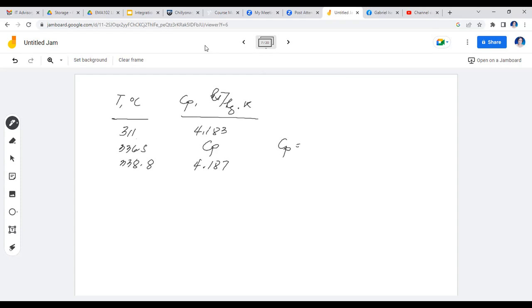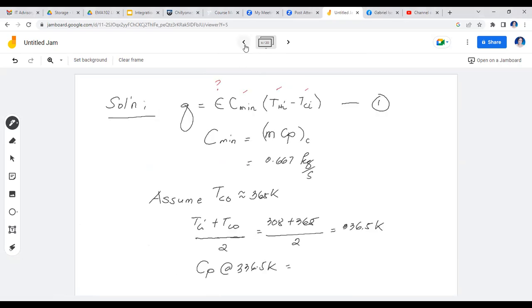336. 4.186. Thank you. So 4.186 kilojoule per kilogram Kelvin.